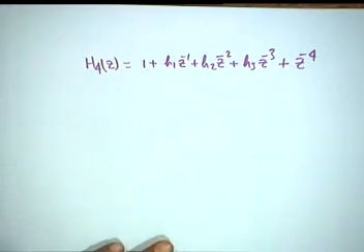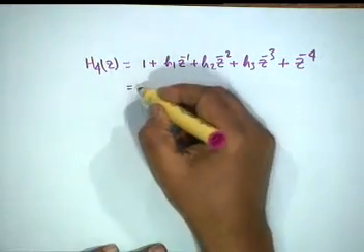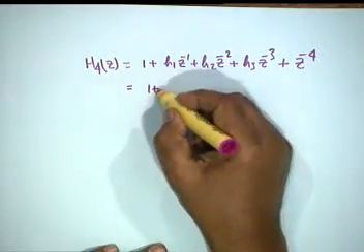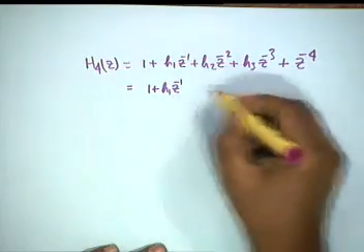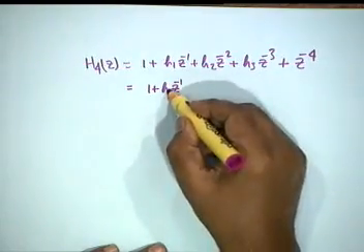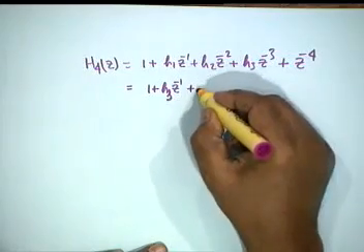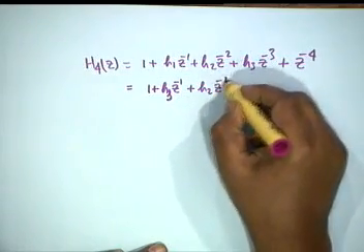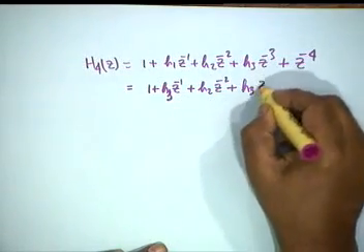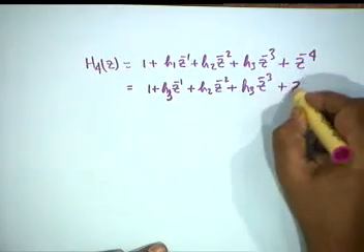And we had said the decomposition would be 1 plus H3 Z inverse, we take this one, plus H2 Z to the minus 2 plus H3 Z to the minus 3 plus Z to the minus 4.